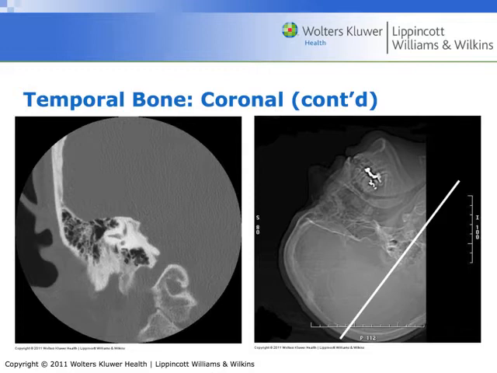Okay, these images are slightly out of order. This is the temporal bone, mastoid air cells, let's look at these little lines right in here. There's one right there.